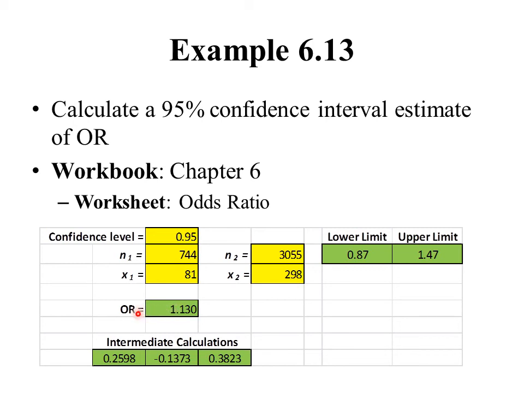Here it calculates the point estimate of the odds ratio, 1.130. Down here it does some intermediate calculations, and then over here it gives us the values of our lower and upper limits for our confidence interval estimate.